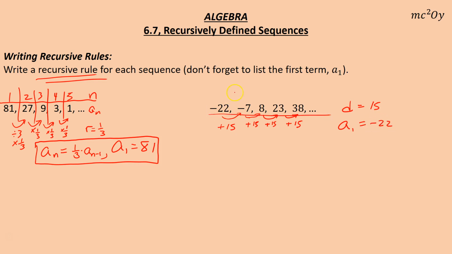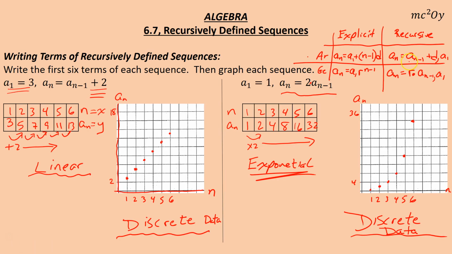So once again, if you struggle with that, put your table, right? 1, 2, 3, 4, and 5th term, so n and a sub n. Okay, and so my formula, my recursive rule for arithmetic, right here, a sub n is equal to a sub n minus 1 plus d.